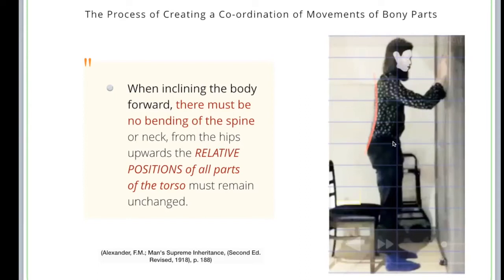So, when inclining the body forward, there must be no bending of the spine. Well, in that case, I'm afraid to say that this sentence is inaccurate. You can bend an object, and if you want to unbend the same object, you have to do an opposite bending. In order to bend a line like this, you have to act on 3 different levels with 3 different movements.